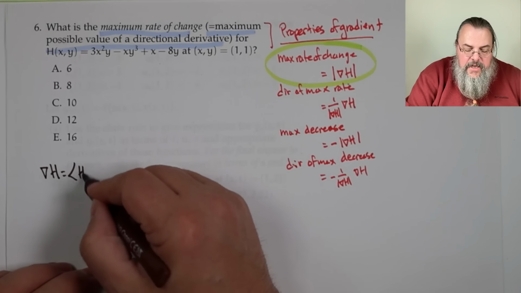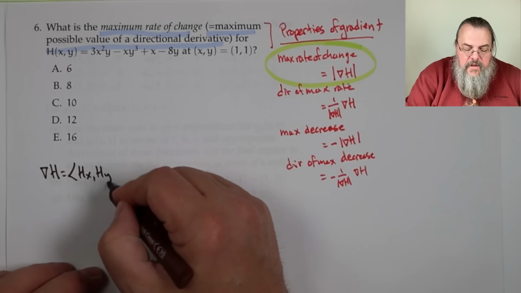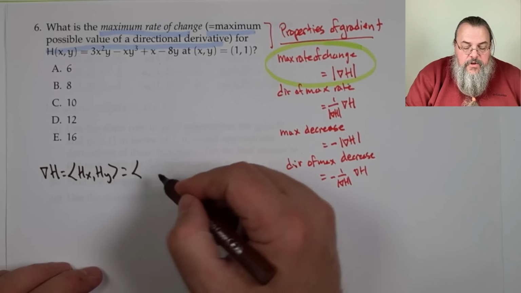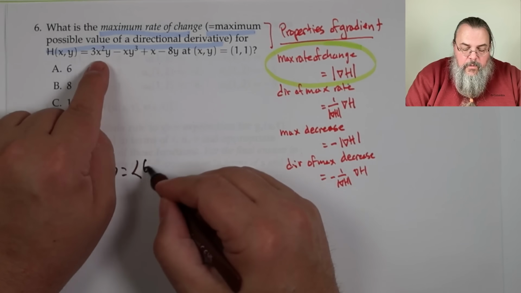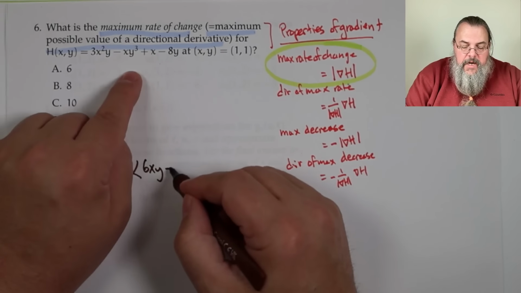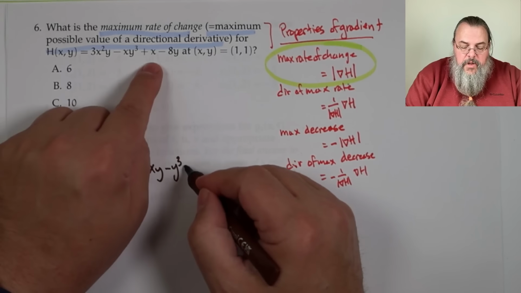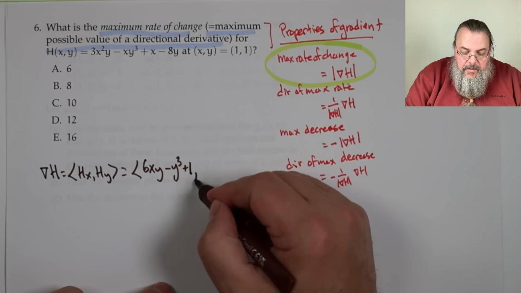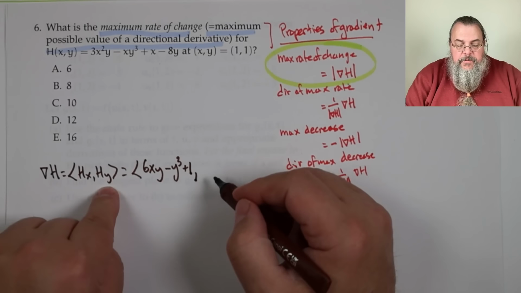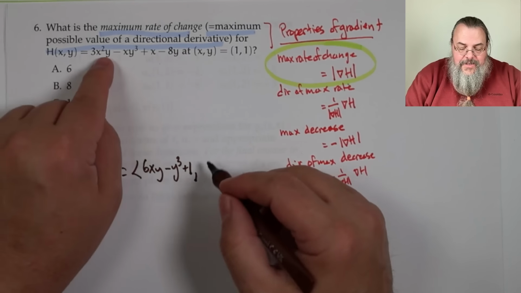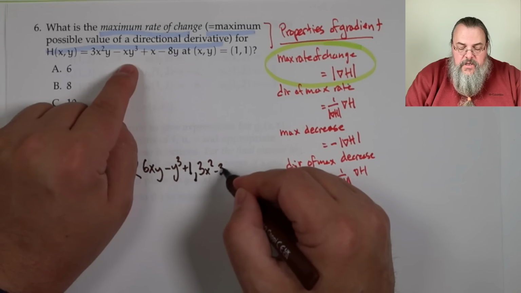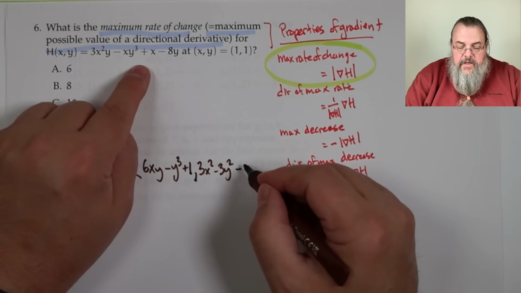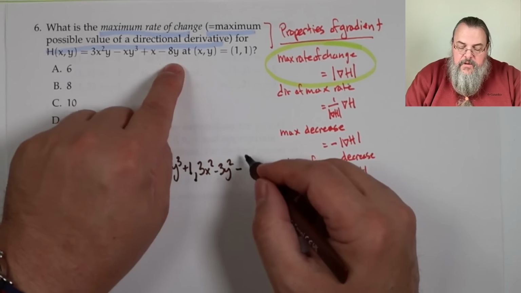That's our collection of partial derivatives. When we take the derivative with respect to x, treat y like a constant. We'll get 6xy minus y cubed plus 1, comma. Take the derivative with respect to y. Treat x like a constant. 3x squared minus 3y squared minus 0 plus 0 minus 8.